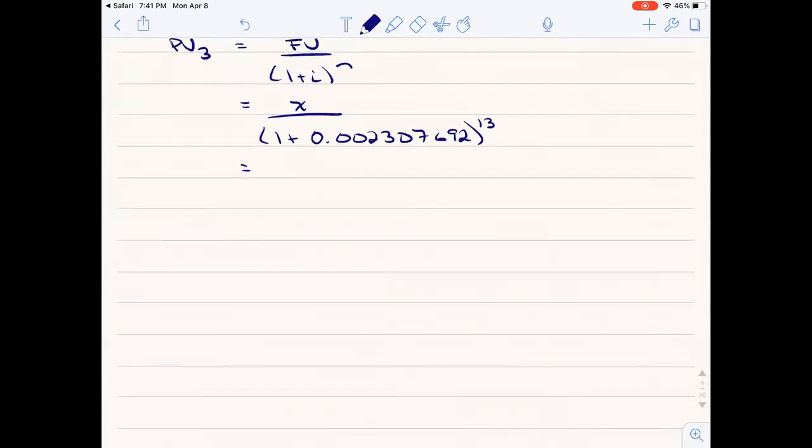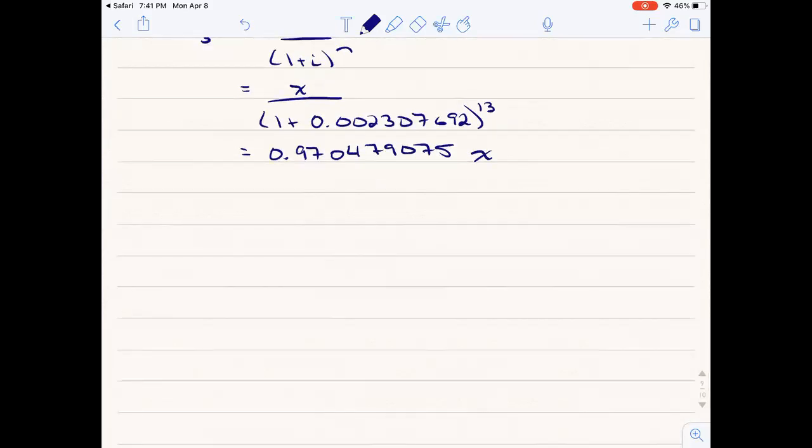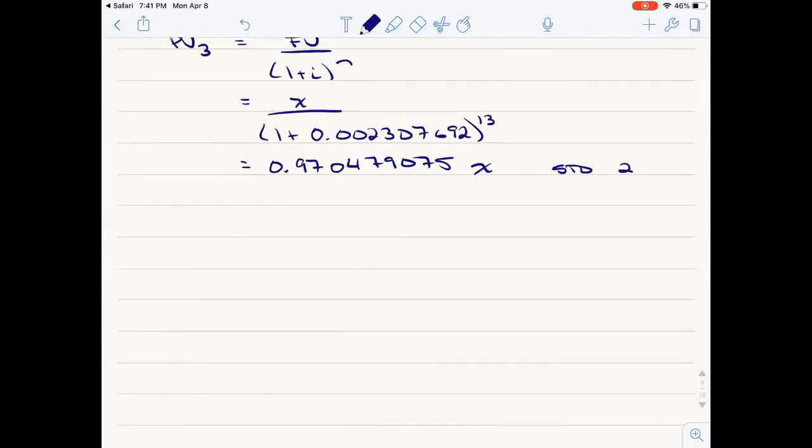And then 1 over that is 0.970479075 times x. I'm going to store this in 2 because I know I'll need it later.